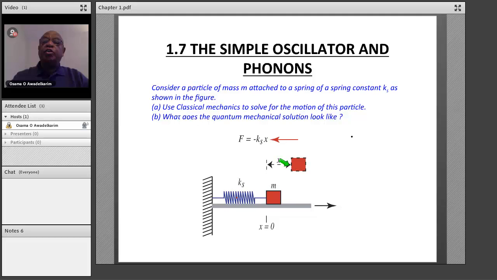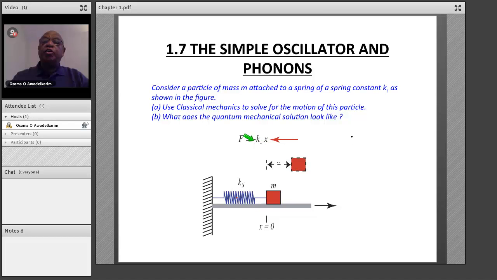So what happens is there would be a restoring force trying to restore the mass back to its original position, so the direction of the force will be from right to left. And this force, F, is minus the spring constant k sub s times x.